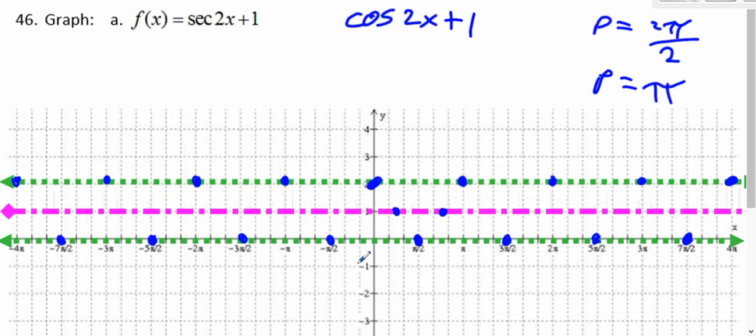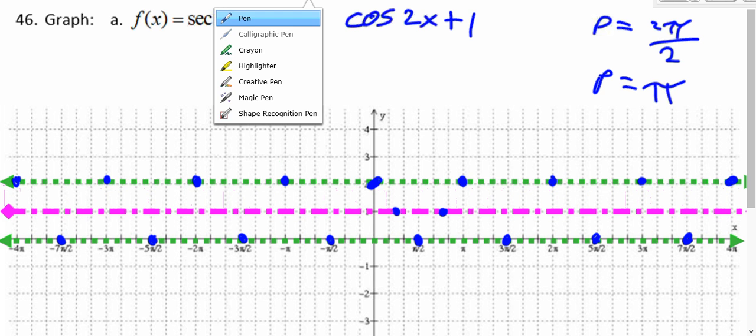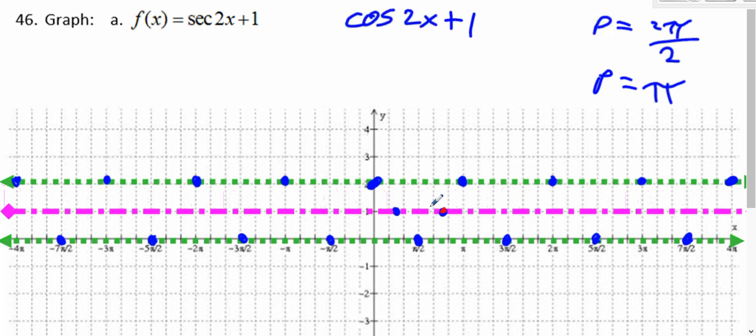And all the halfway points, those will be where it would cross the midline, which is our 0. All the halfway points between negative pi and negative 3 pi over 2, all the halfways.